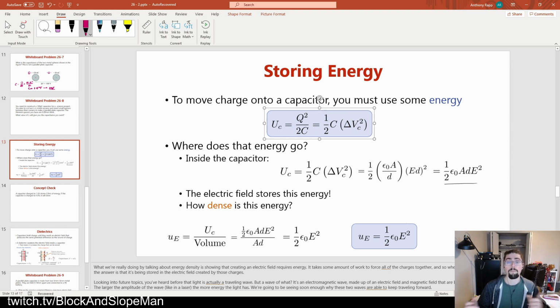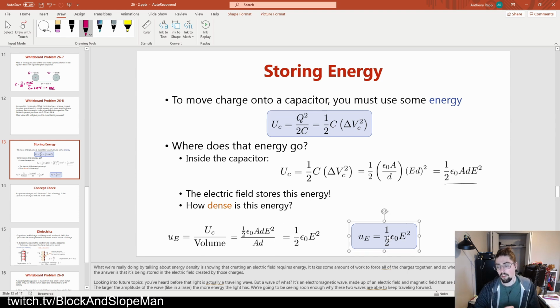Light is a combination of an electric field with a magnetic field. And I know we haven't talked about magnetic fields yet, but basically what we're showing here is that for that traveling electric field, there is an energy associated with that electric field. And if I were to increase the intensity of that electric field, like if I was using a laser to have more photons going all together like that, I would be increasing the energy that's traveling.